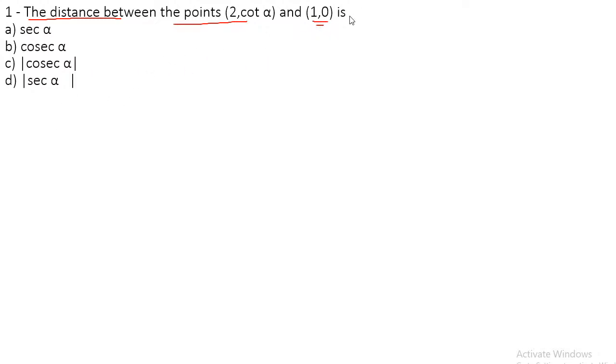So how do we solve this question? The key point here is the formula of distance between 2 points, which is root of x1 minus x2 whole square plus y1 minus y2 whole square.